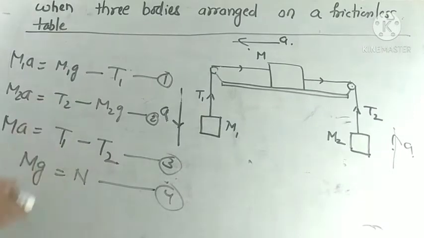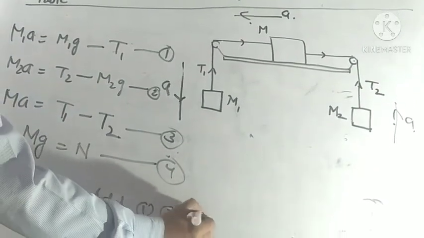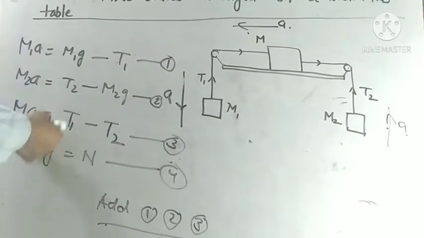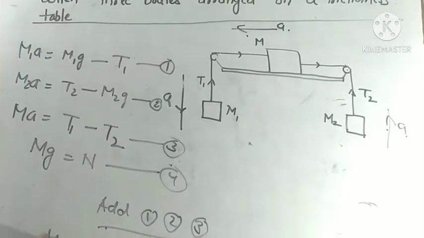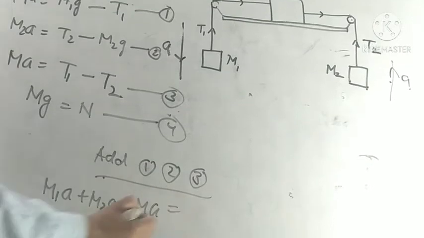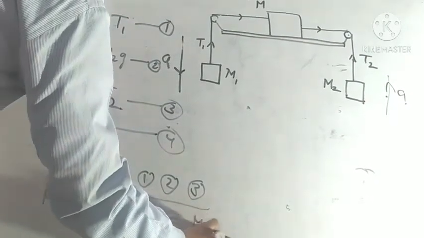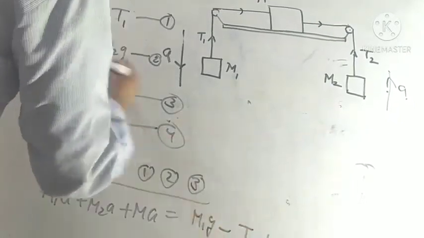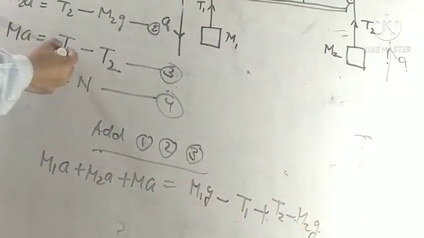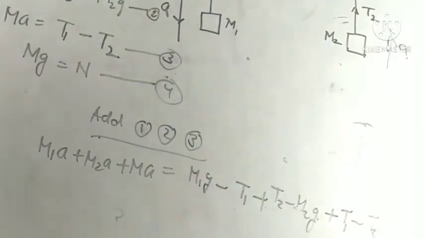Now we have to find the acceleration. Firstly we add equations number 1, 2 and 3. We add all the left-hand terms, that are M1a + M2a + Ma, equal to the right-hand terms, M1g - T1 + T2 - M2g + T1 - T2.